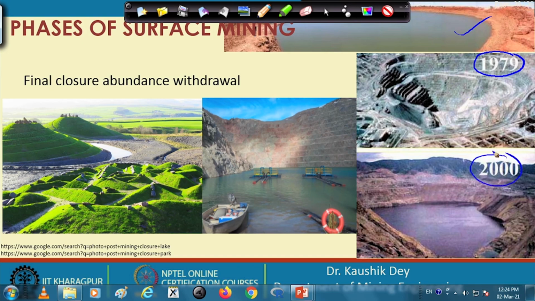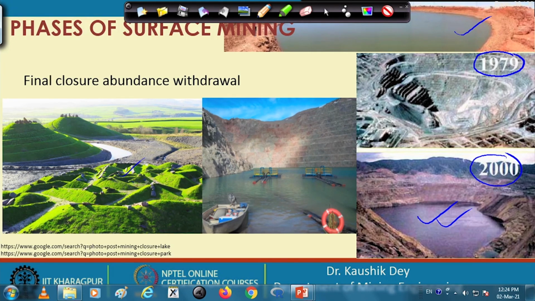This is in 2000, the mine is properly maintained with a slope and acting as a water reservoir. So, this is acting as a water reservoir here. This is converted to a beautiful spot, a tourist spot.